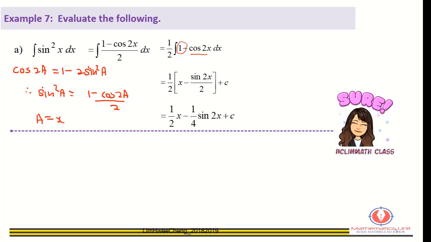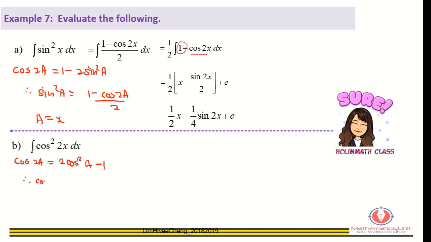Okay, let's go through the second question, which involves the trigo function of cos square 2x. Again, I apply the double angle of cosine. So cos 2a involves the term of cosine, so I will have 2 cos square a minus 1.